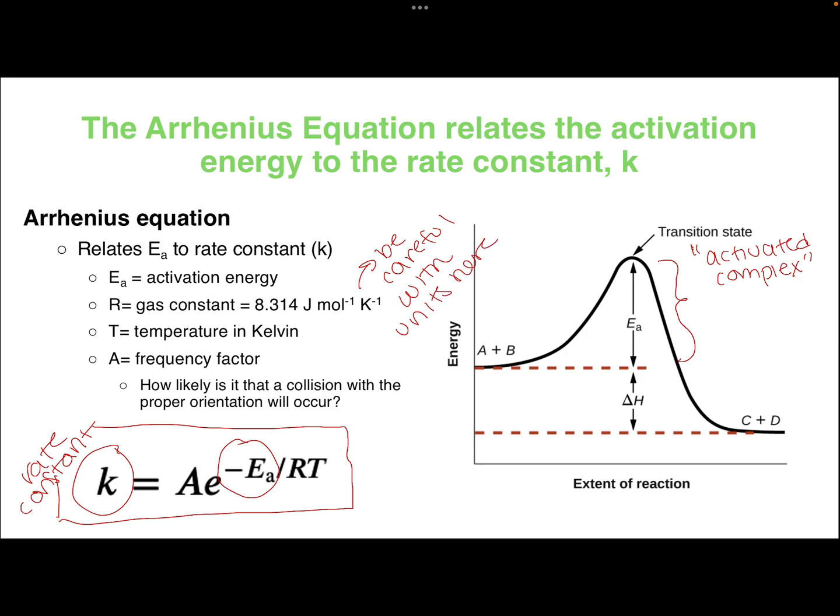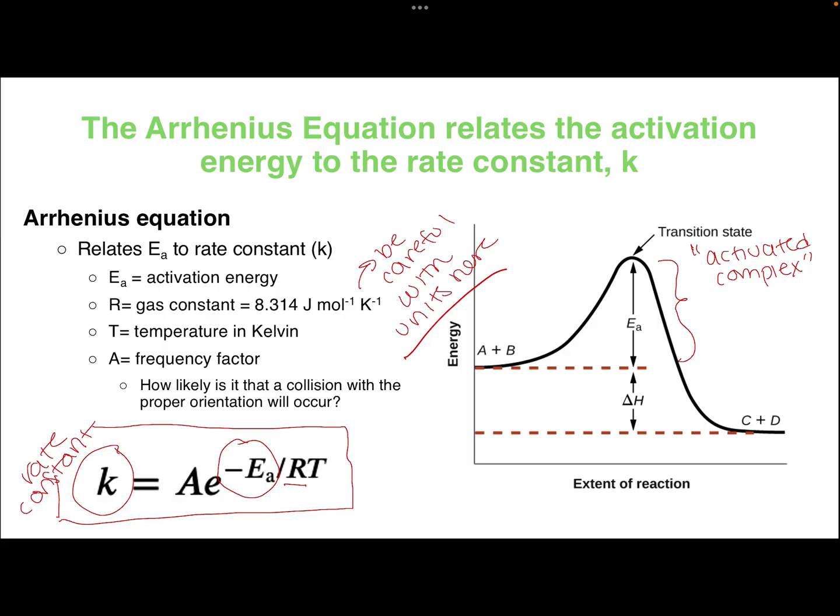Whatever units your gas constant is in is also the units that your activation energy has to be in. That's just how the unit math works out. So just be very careful with your units when it comes to your gas constant and your activation energy.